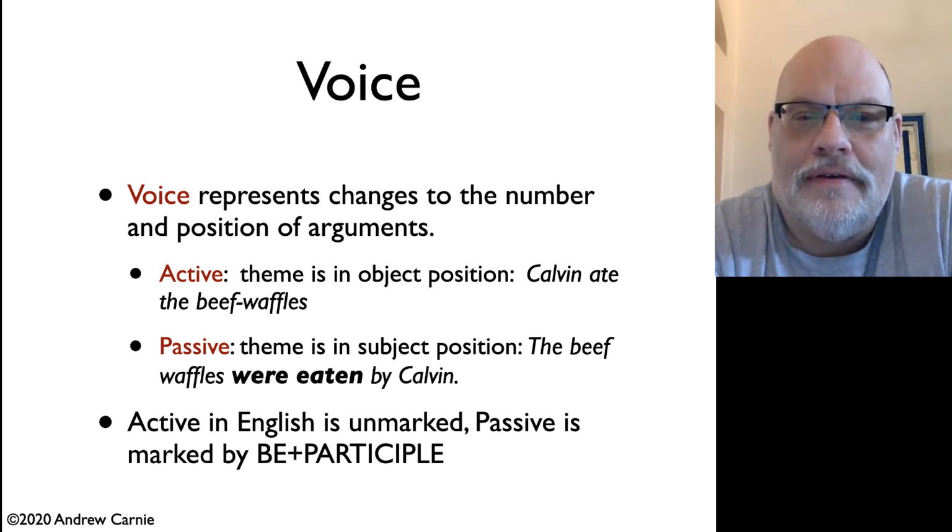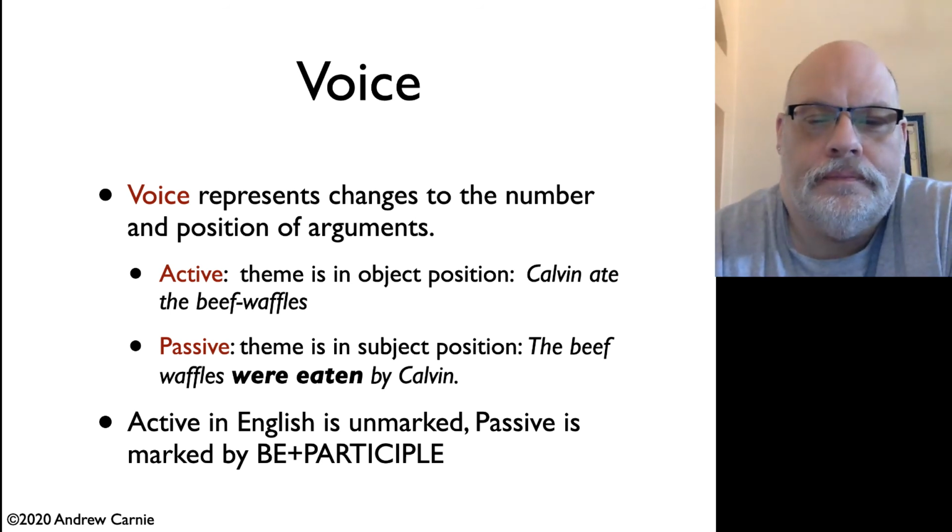The passive has just these and only these properties. The logical object is in subject position. The logical subject or agent is in the by-phrase, and the verb is marked with a be auxiliary plus the participle. Actives are unmarked. Only passives are marked.